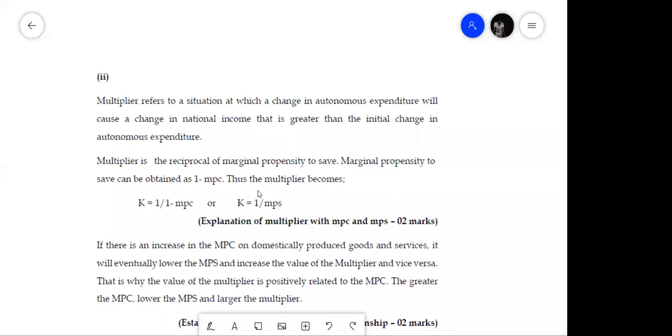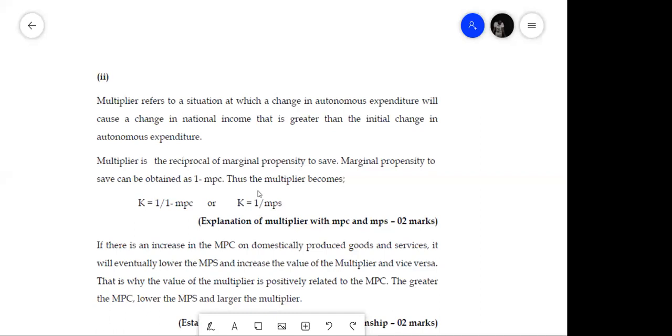So never ever leave a question blank, because the moment you leave it blank, that's a 0. There is no way the examiner can give you a mark. But if you have written something, don't write total crap, but something related to that concept. You know something related to multiplier, you know something related to MPC, right? So if you can do that, trust me, you can get some marks.